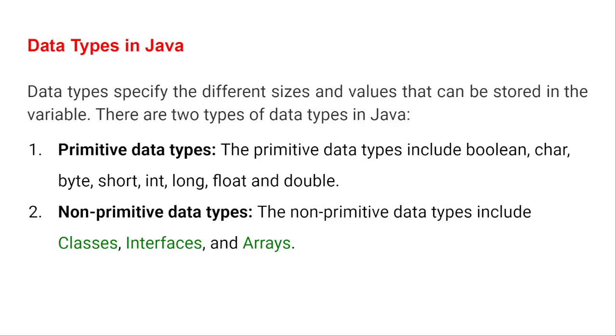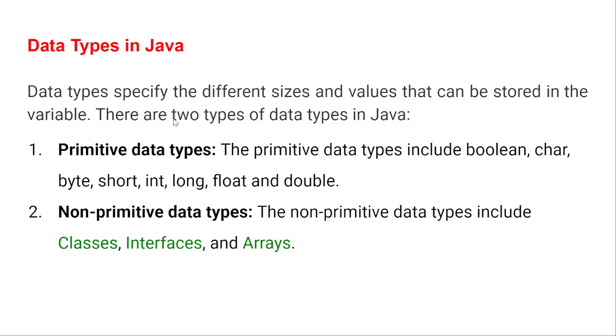We have a grade like A, B, A plus plus, O, and we have a name that contains a number of characters. We have different data, so Java has to identify which data we are providing to the memory or to the program. For that we have data types.